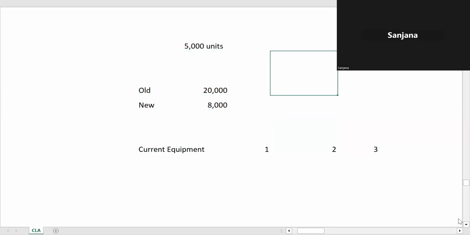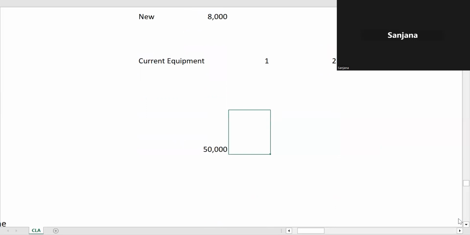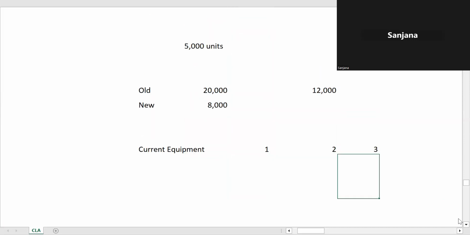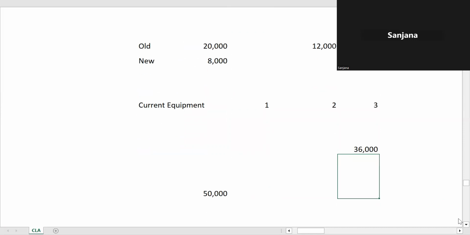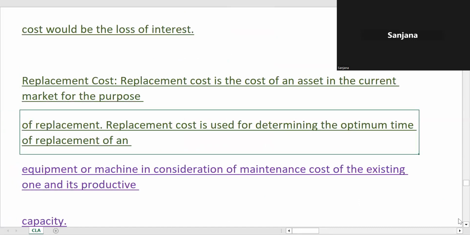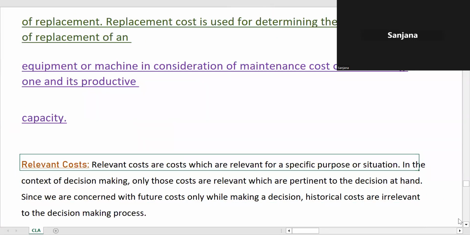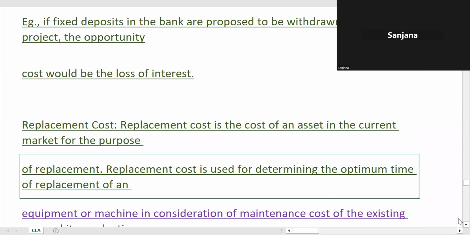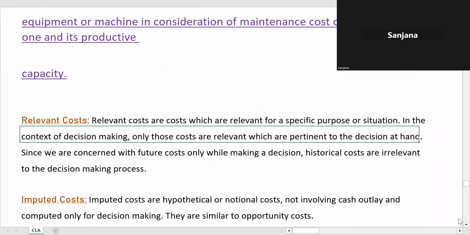So 12,000 is the benefit, right? And to get the benefit of 12,000 you have to incur 50,000. If the life of the new equipment is only 3 years, the benefit you are getting is 36,000 and your cost is 50,000, so it is not a good decision. This is how you will be comparing it. So that's replacement cost.